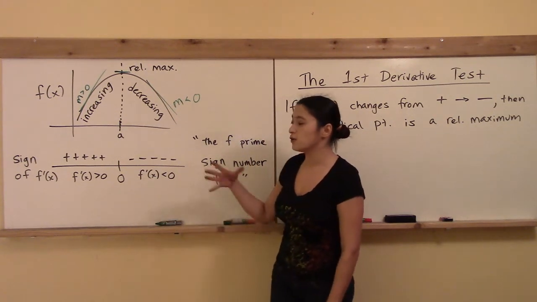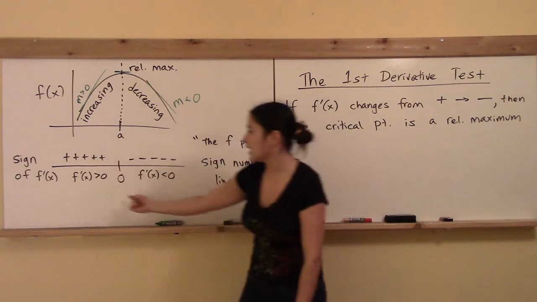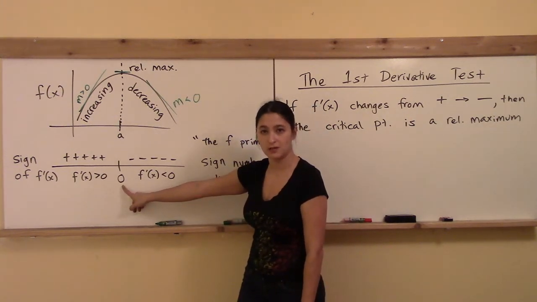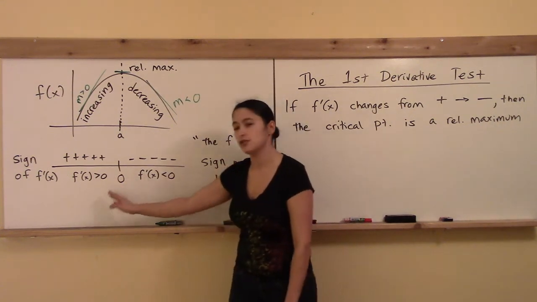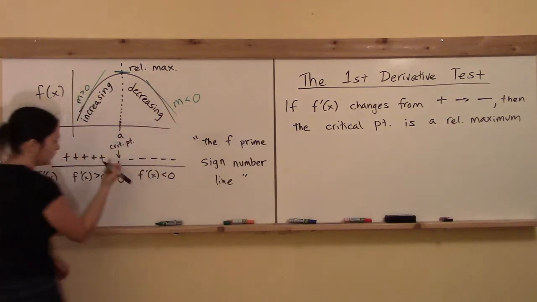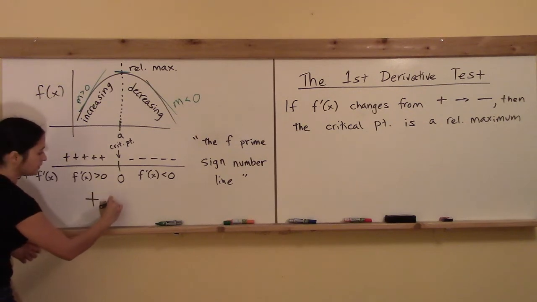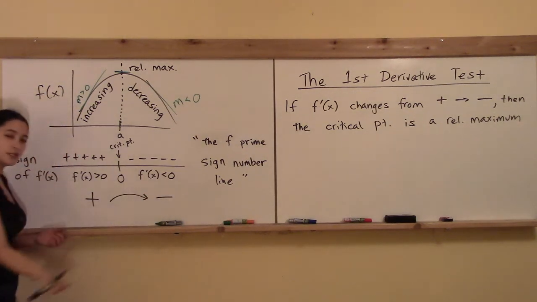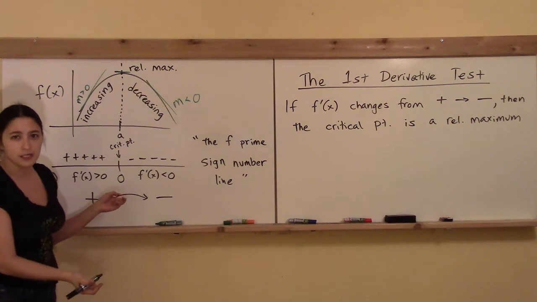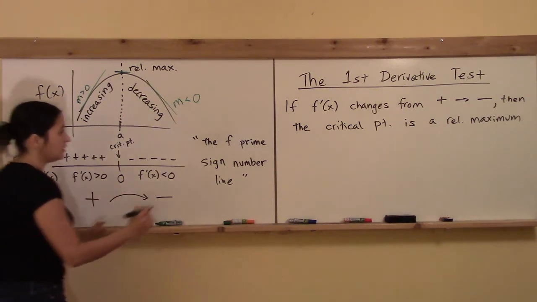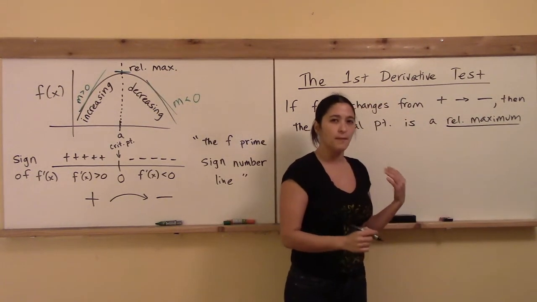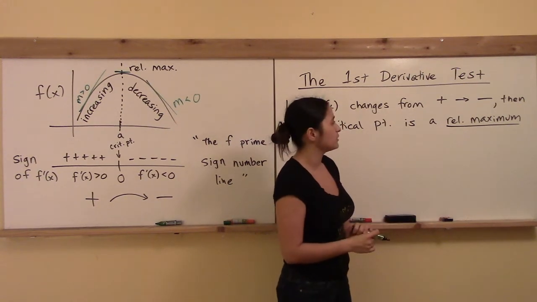So usually in a question like this, you derive an f prime sign number line, which is this number line right here that locates the critical points where the derivative is equal to 0, and then it describes the sign of the derivative on either side of that critical point.